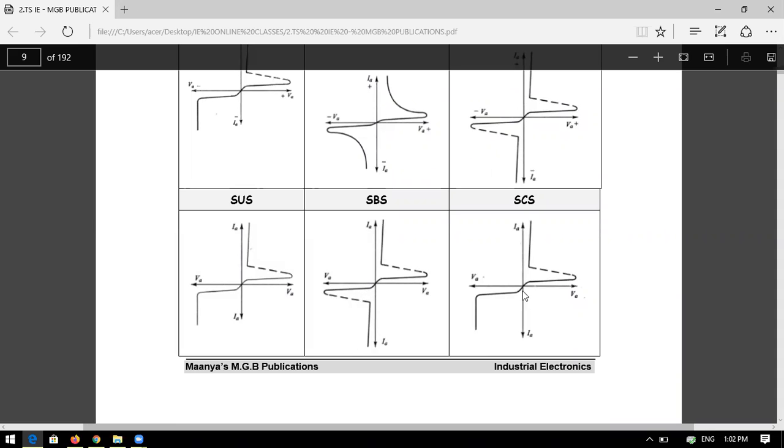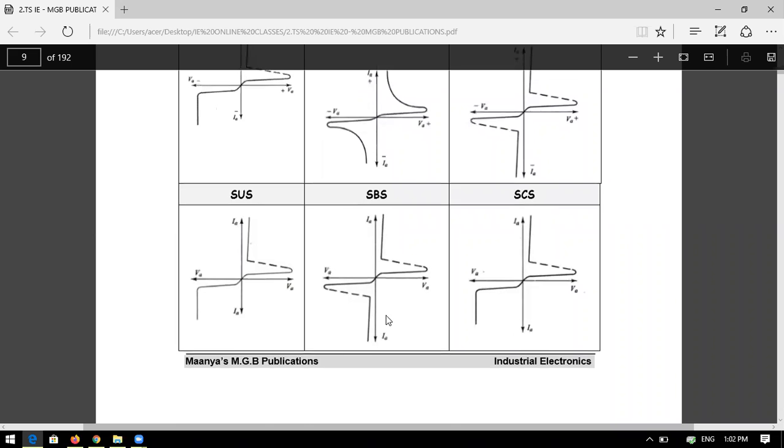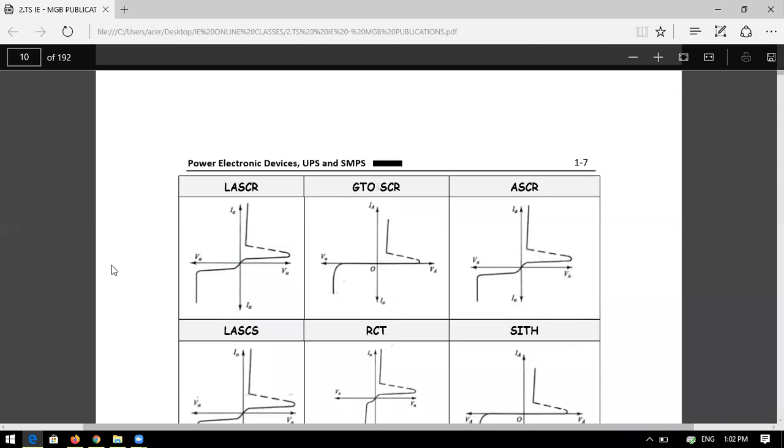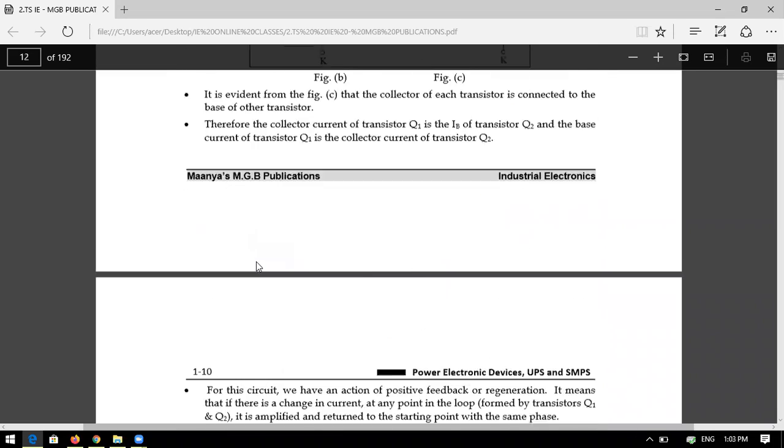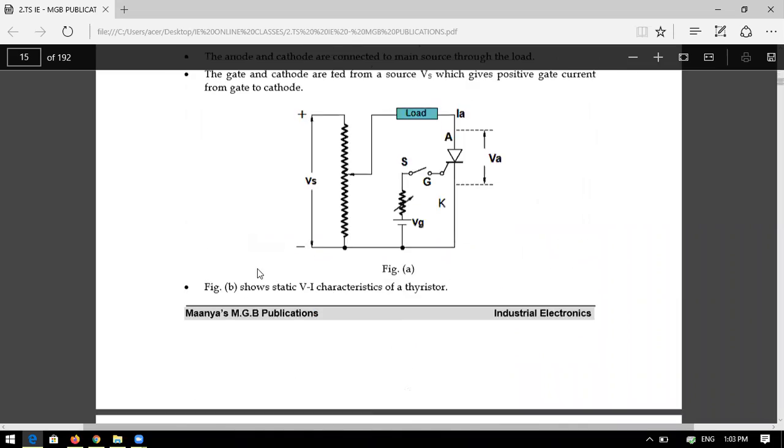In SCS we have it like this. That means it is SCR only. SCS also performs with SCR-like characteristics. LASCR also performs with the same characteristics as that of SCR. So what are the characteristics? Only SBS has different characteristics.